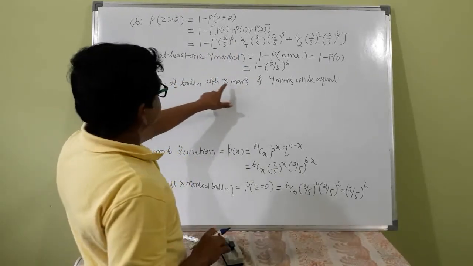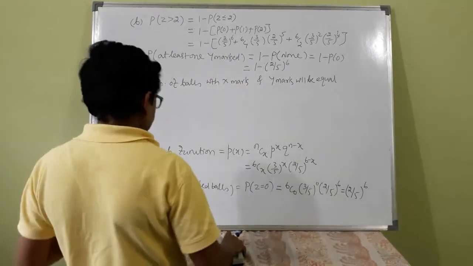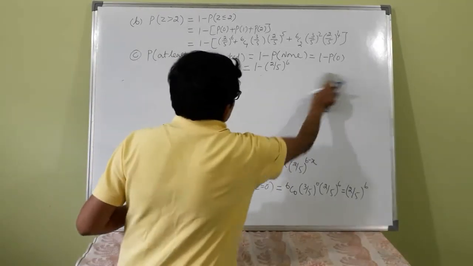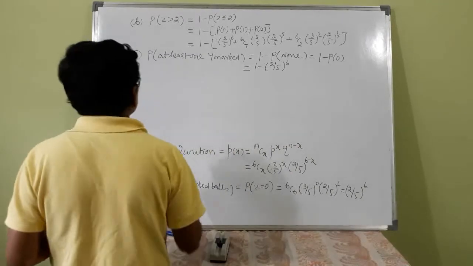The number of balls with X mark and Y mark will be equal, means totally there are 6, both are equal means Y will be 3.